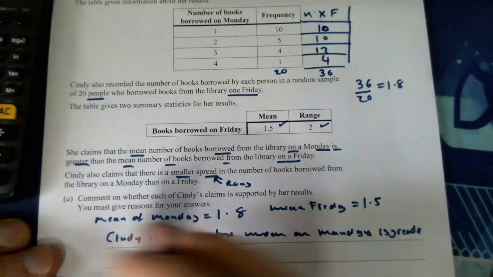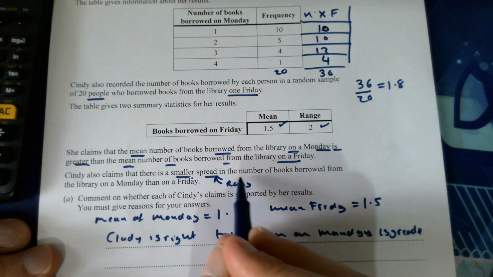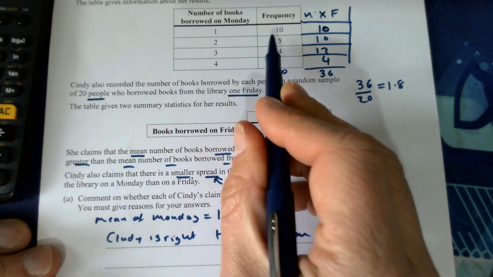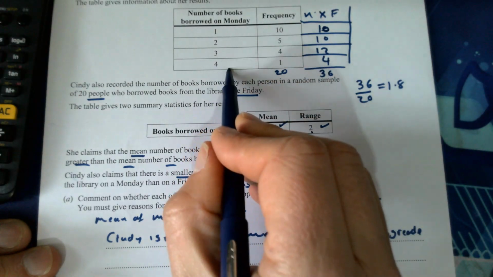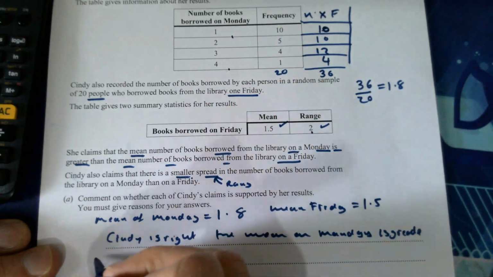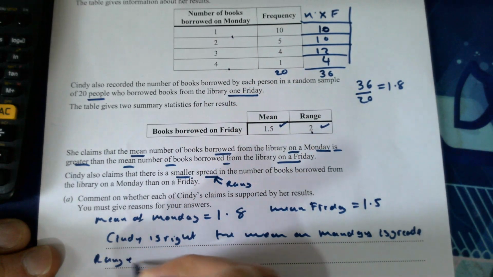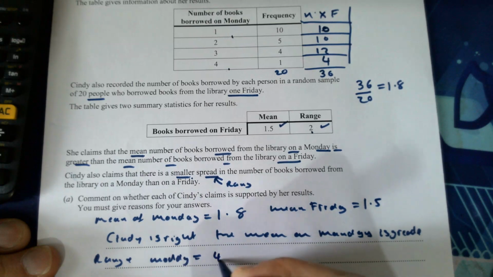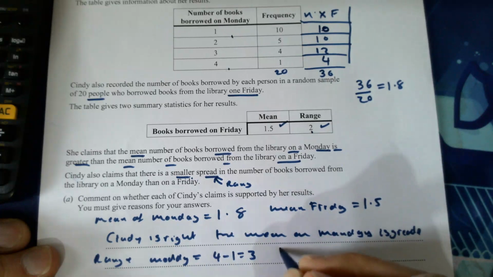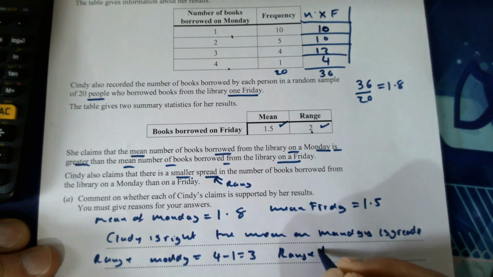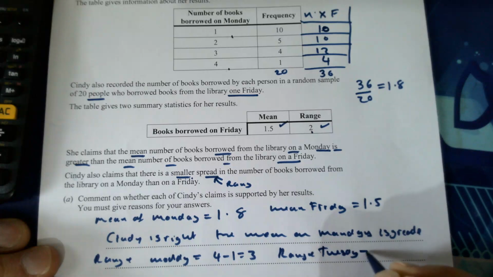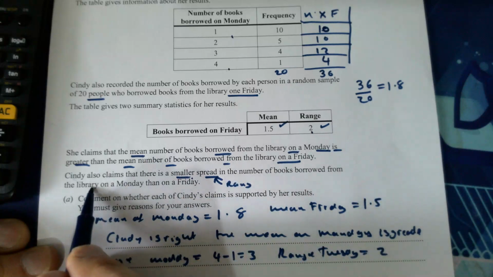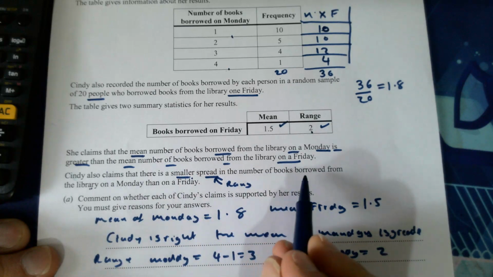Now, spread, so that's the range. The range on a Monday was 4 books take 1. So range Monday, I'm going to write the calculation in here, equals 4 take 1, which is 3. Range Friday, straight out of that table, equals 2. Smaller spread in books? No, I would disagree with her.